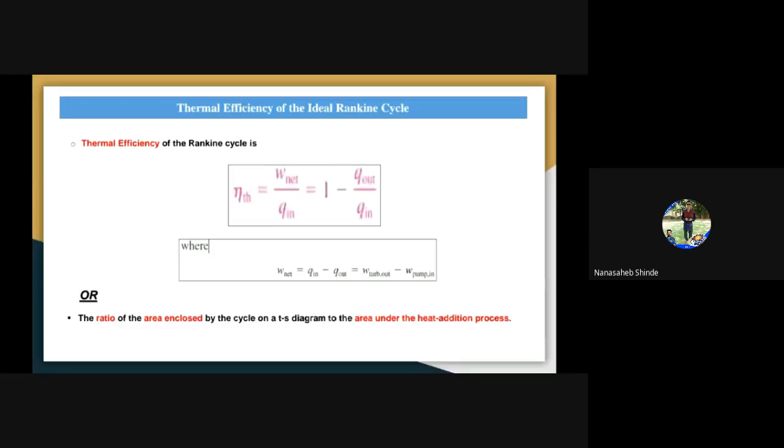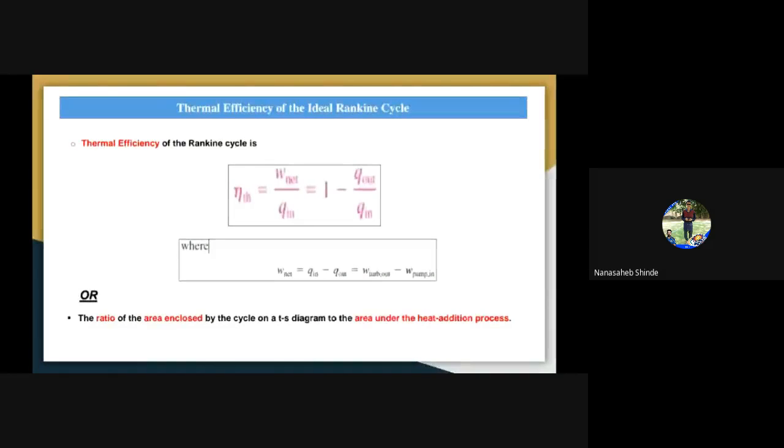We know the integration, and in integration we are considering the summation of areas. Like that, from the TS diagram, if you take the ratio of the area enclosed by the cycle on the TS diagram divided by the area under the heat addition process only, from this also we can easily calculate the thermal efficiency of the Rankine cycle.